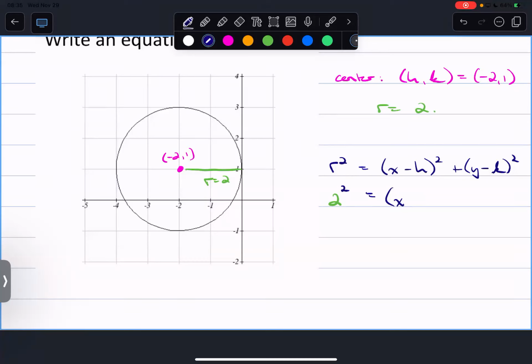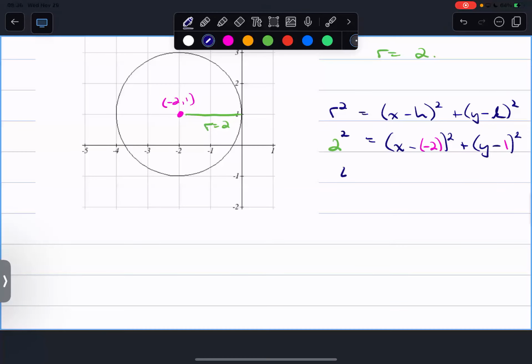Remember, we want to keep x and y open for business. x minus h, which is -2, squared, plus y minus k, which was 1, squared. Which tells me that 4 is going to be x plus 2 squared plus y minus 1 squared. And that's your equation of the circle.